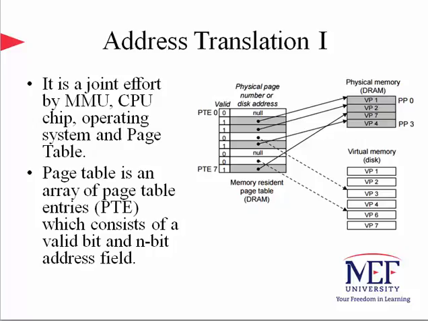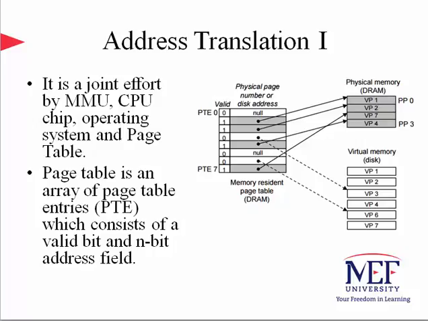The address translation hardware reads the page table each time it converts a virtual address to a physical address. The operating system is, on the other hand, responsible for maintaining the contents of the page table and its updates, and also the pages that are transferred back and forth between the DRAM and the disk.